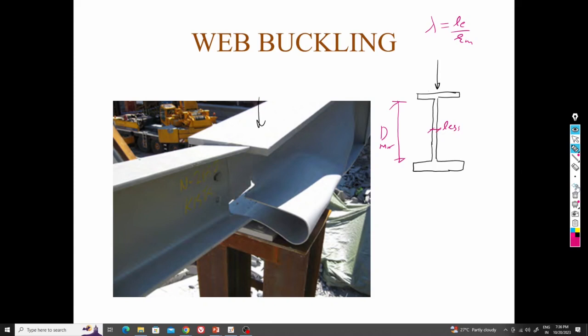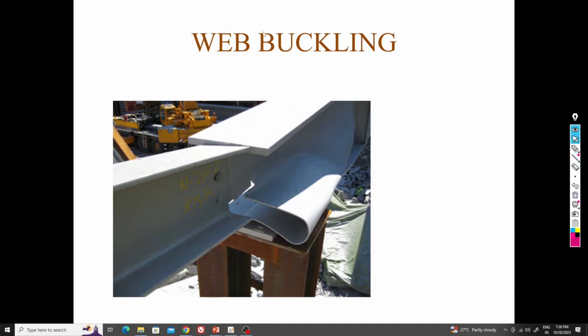Increase the thickness of the web. So this is the choice. There are certain other methods also by which you can control the web buckling. You can provide stiffeners here. There is a stiffener plate you can provide so that the span of the buckling will be less. By this also you can control the buckling.